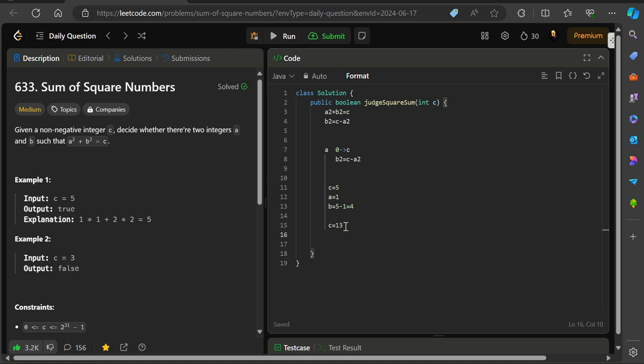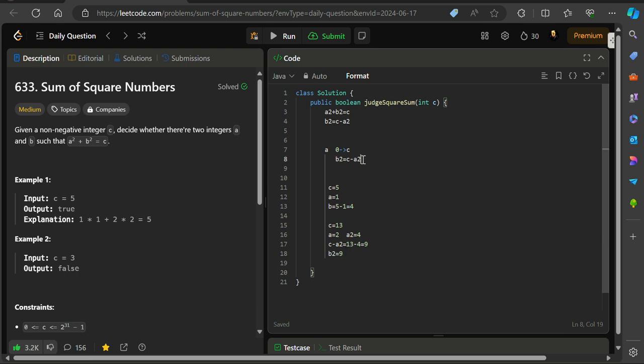For example, a is 2, so a square will be 4. Now c minus a square will be 9, right? 13 minus 4 equals to 9. So the value of b square will be 9. Now 9 is a perfect square number, right? So this value will always be a perfect square.